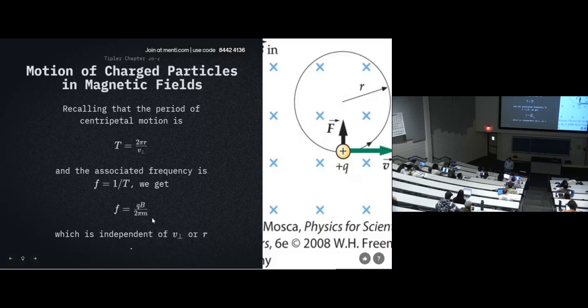So frequency is QB over 2 pi times the mass. What we did was we made a substitution here for R and V based on the previous slide, and we're able to get a quantity, frequency, that is independent of velocity and radius. B is magnetic field strength.